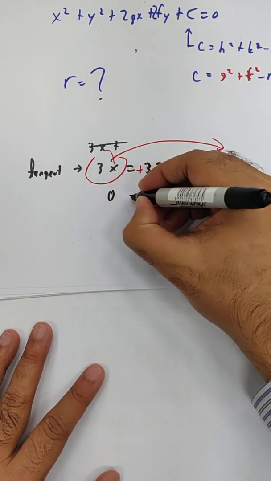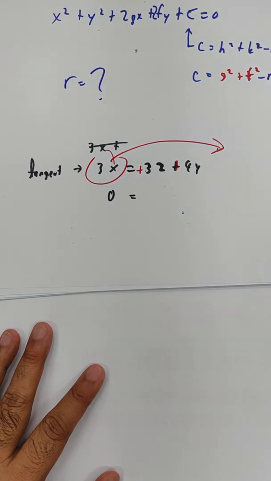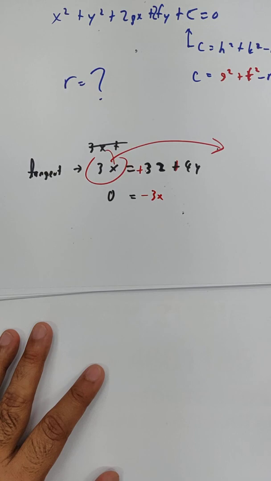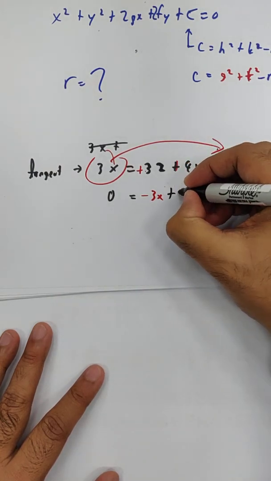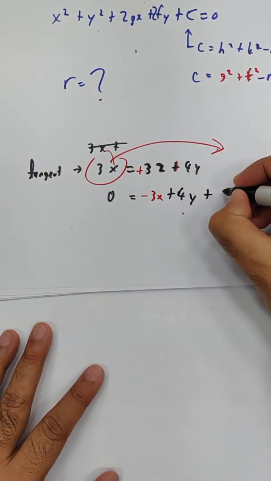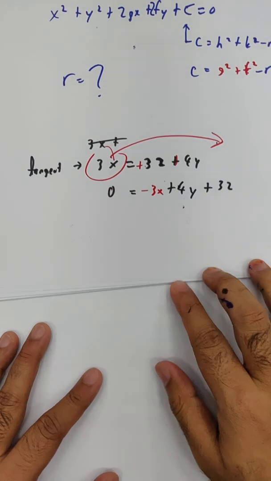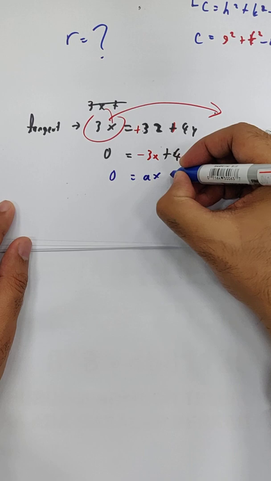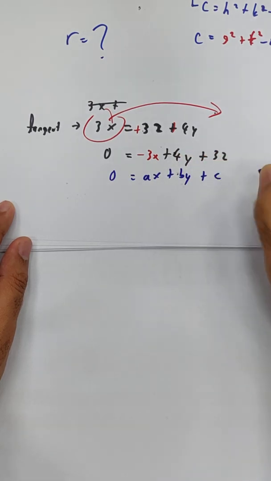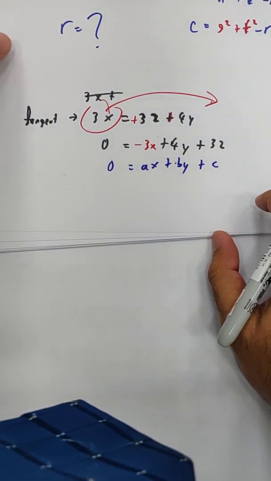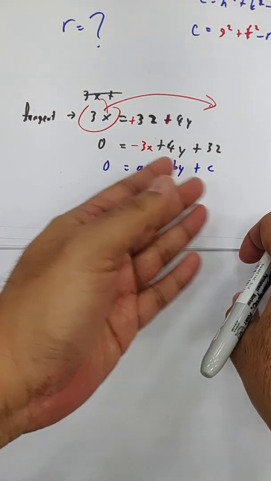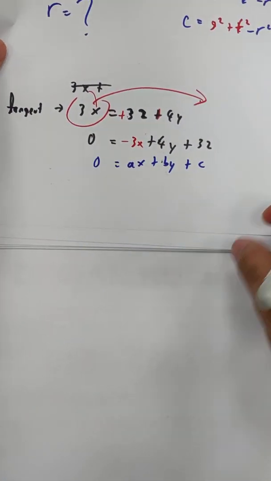So we get 0 = -3x + 4y + 32. Now we have it in the form 0 = ax + by + c. Yes, okay? That's the equation that we need.